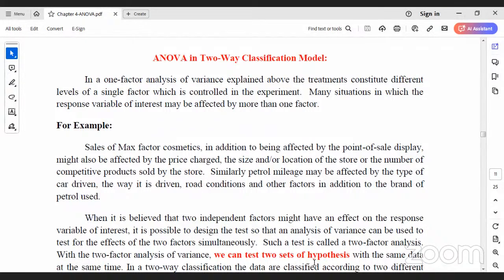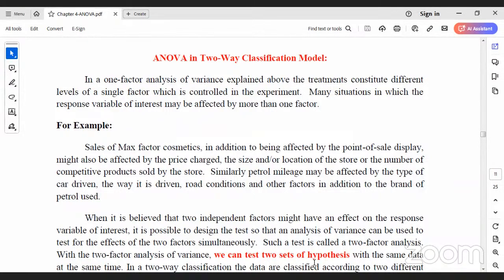Okay, petrol, and how many types of petrols are there? Bharat Petroleum is there, Indian Oil is there, HP, Hindustan Petroleum is there, and Reliance Petrol is also there. So these are the different petrols.